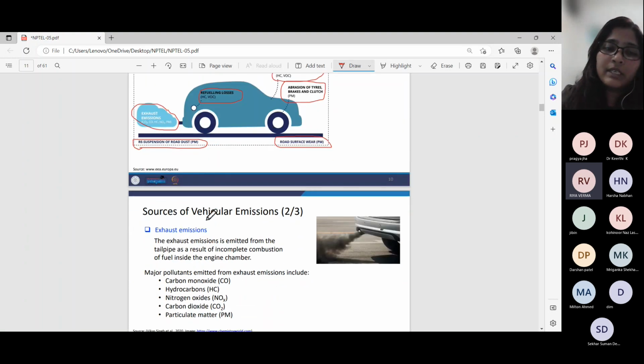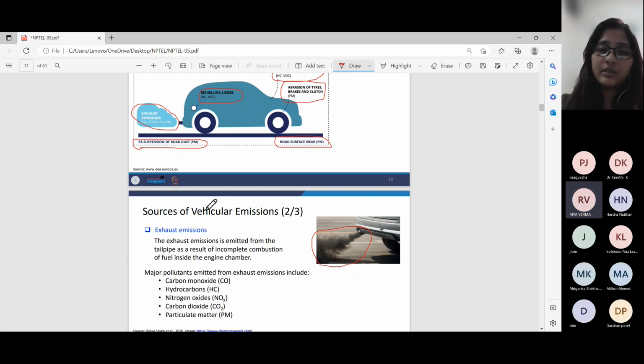Basically, what we have done is we have bifurcated the vehicular emissions into two parts. First are the exhaust emissions, and then the non-exhaust emissions. The exhaust emissions are the emissions generated from the tailpipe, as a result of incomplete combustion of fuel inside the engine chamber.